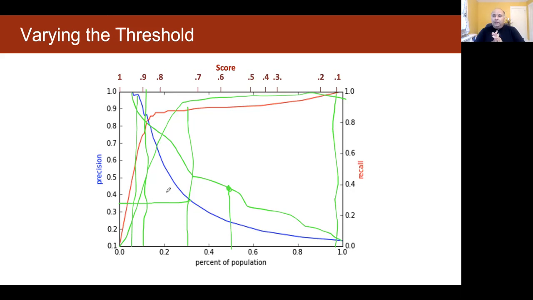So in most of your projects, think about what metric makes sense, right? If you're building a system to alert the ACLU on which bills are going to pass, and they can intervene and do something about 5% of the bills, then what is the metric that you care about? Is it precision at 5%?